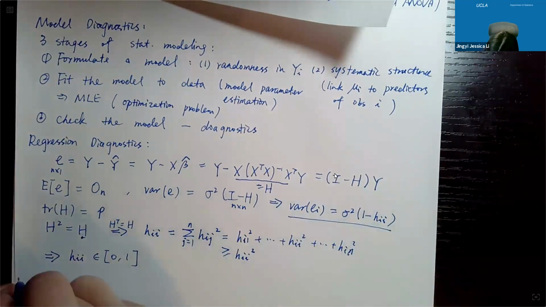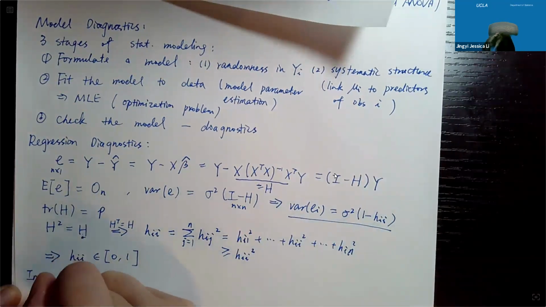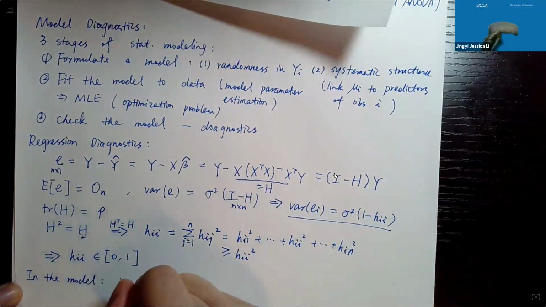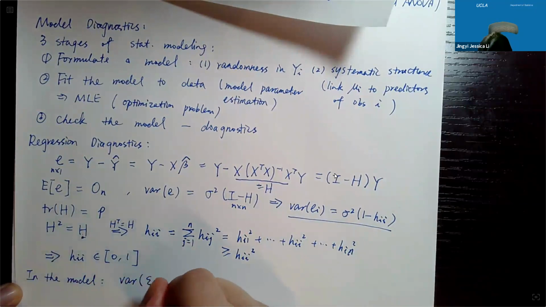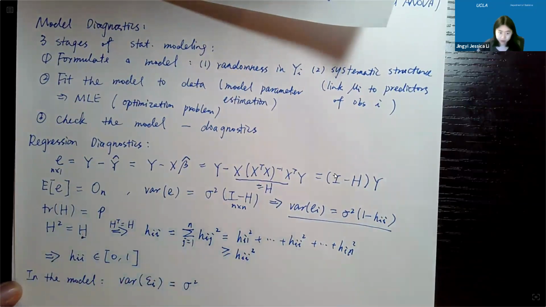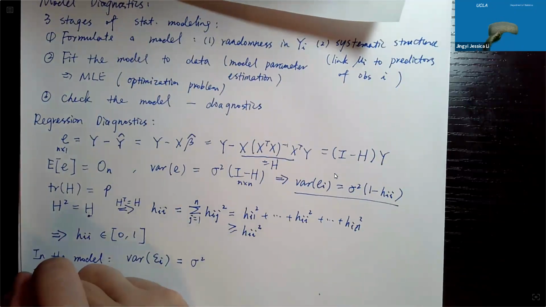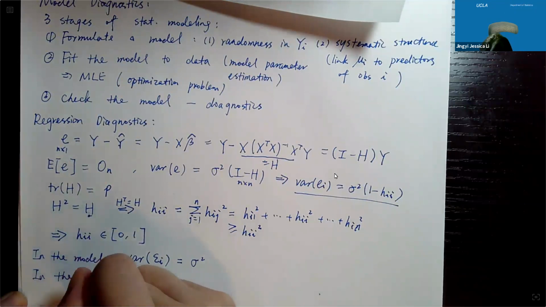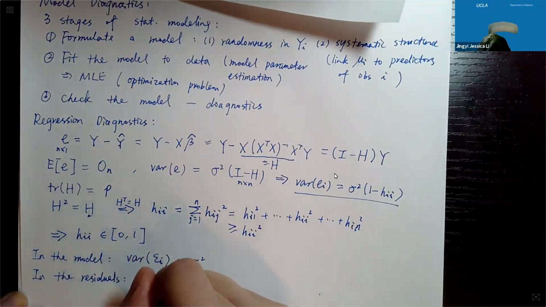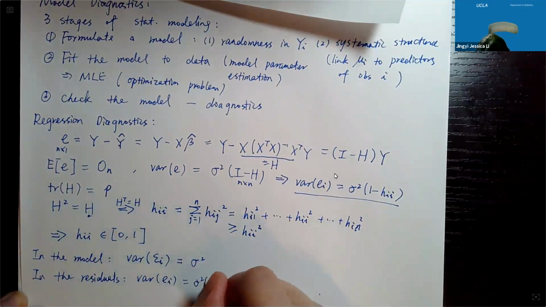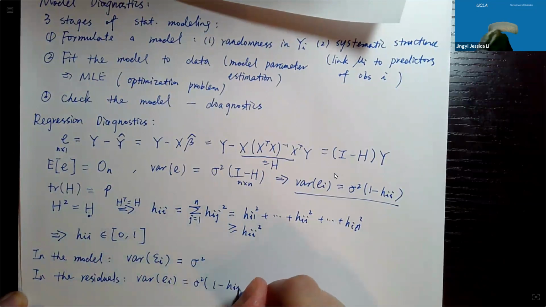Also, what this implies is that unlike our random error term, which we use epsilon to stand for in our linear model, if you remember, in the model we assume constant variance. So the variance of epsilon_i is equal to sigma squared for every i. But in the residuals, the variance of e_i is equal to sigma squared times (1 minus H_ii).